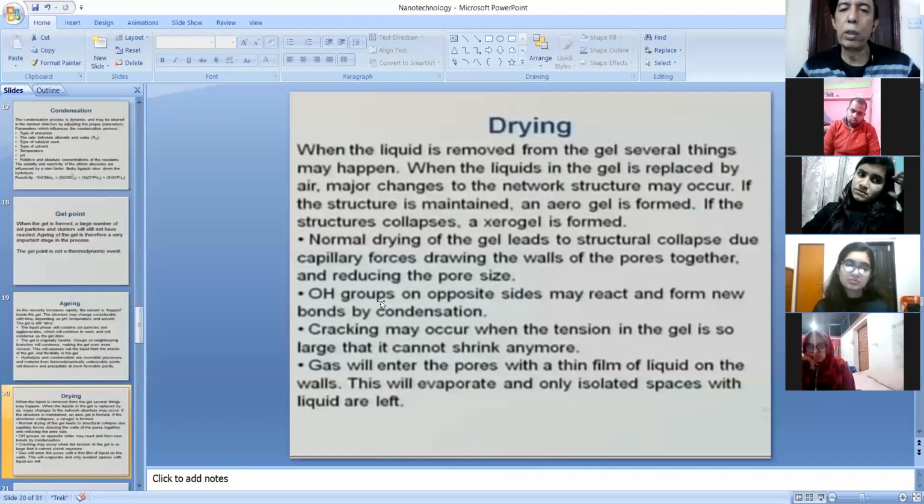Groups on opposite sides may react and form new bonds by condensation. Cracking may occur when tension in the gel is so large that it cannot shrink anymore. Gas will enter the pores of a thin film of liquid on the walls. So some reactions or some changes in physical properties occur in the time of drying.